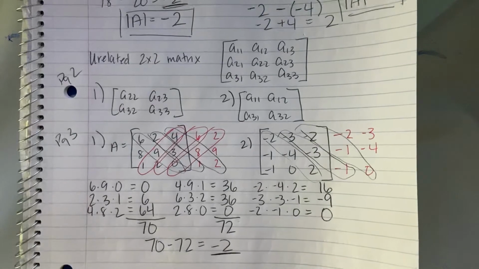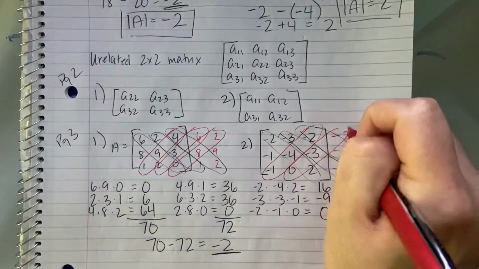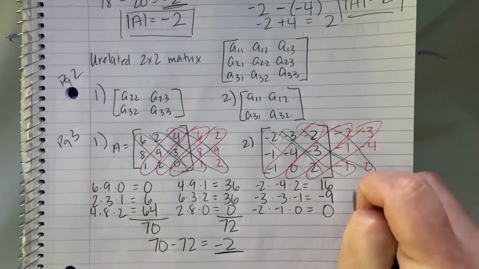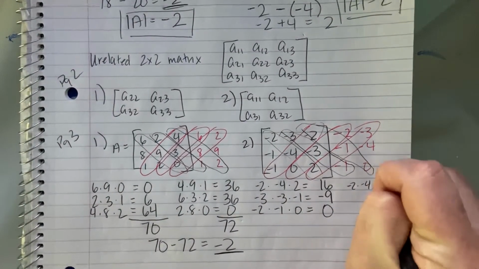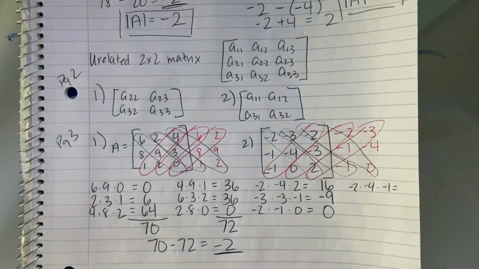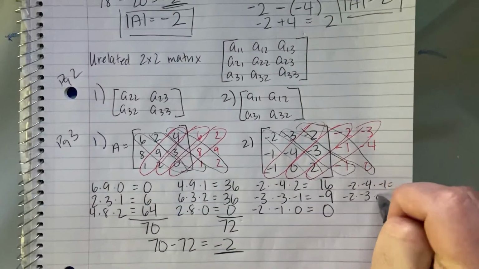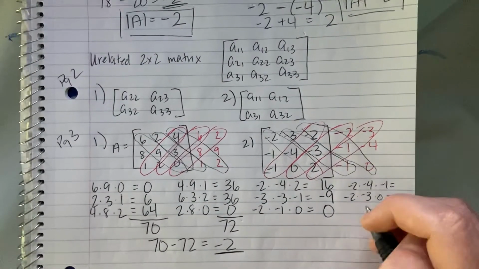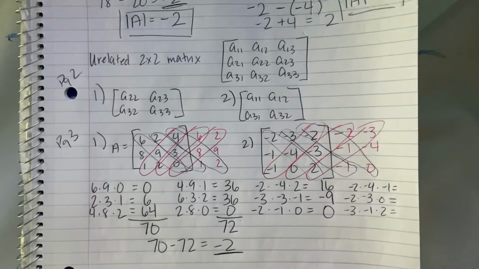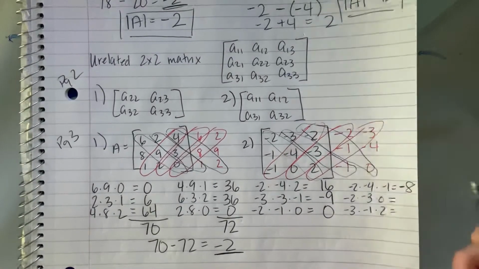Do the same thing for the right to lefts. We've got negative 2 times negative 4 times negative 1. We've got negative 2 times negative 3 times 0. And we've got negative 3 times negative 1 times 2. This is 8 times negative 1, which is negative 8.